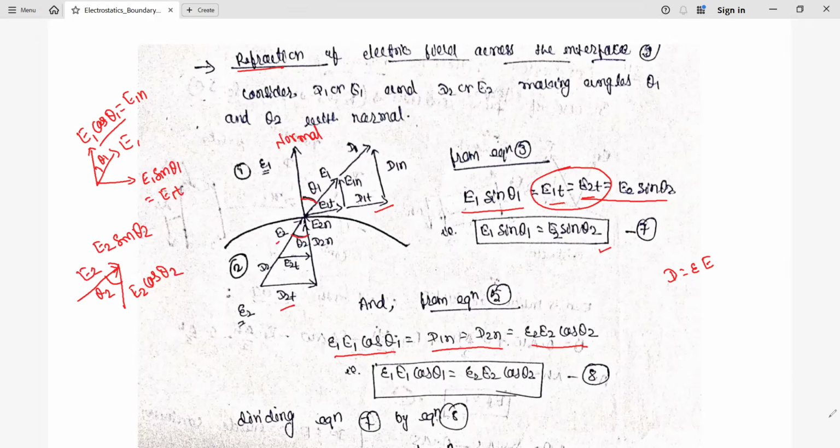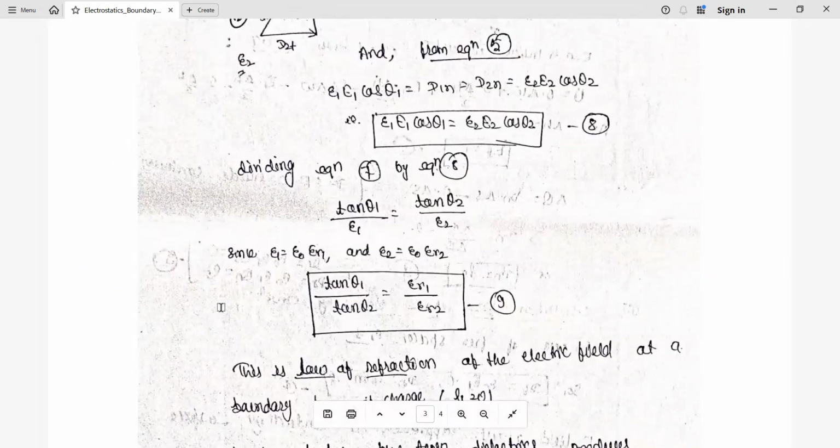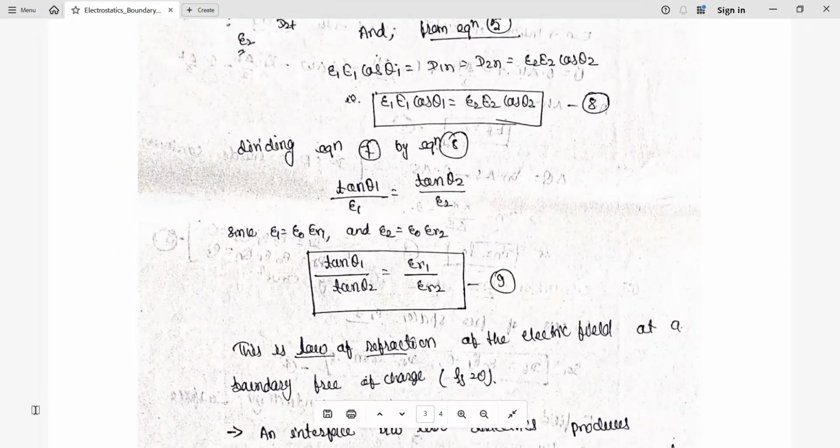Now we are going to divide equation 7 by equation 8. Then we have the expression sine theta by cos theta, which becomes tan theta. So here we have tan theta 1 by epsilon 1 and tan theta 2 by epsilon 2.